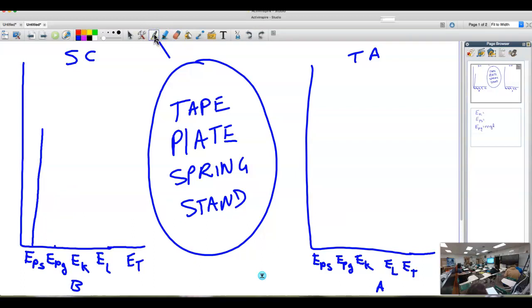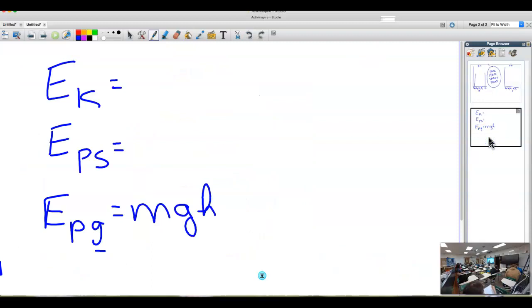Also zero. How much loss? Zero. So the total should be the same height as the spring potential, because that's where all the energy is. Let's go back to the formula: how do I calculate how much energy is stored in that spring?